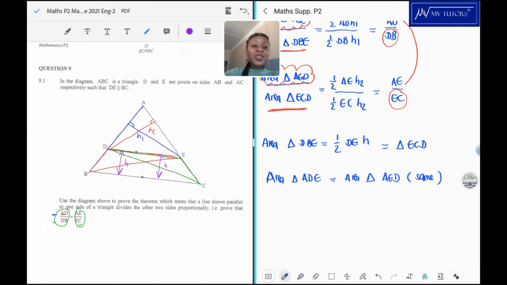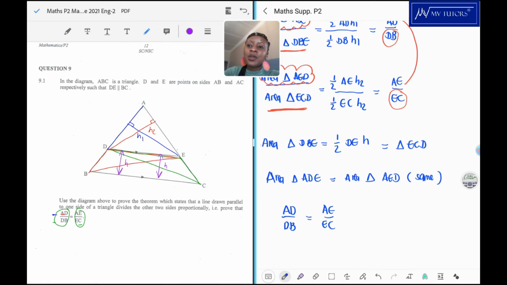Okay, so therefore I can conclude that AD over DB is actually equal to AE over EC. I hope that makes sense. I think maybe a simpler way of writing it out, I could have just written area of triangle ADE over area of triangle DBE, but I couldn't have said that they're equal at that point in time.